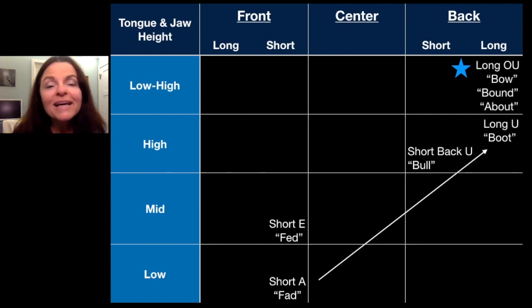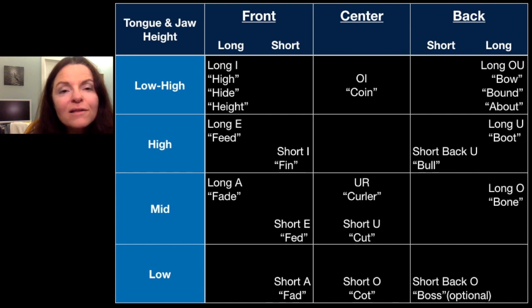That's too much. Instead, I'll start from the short E and end with the short back U so that I'm using two relaxed vowels and not putting as much effort into it. About.